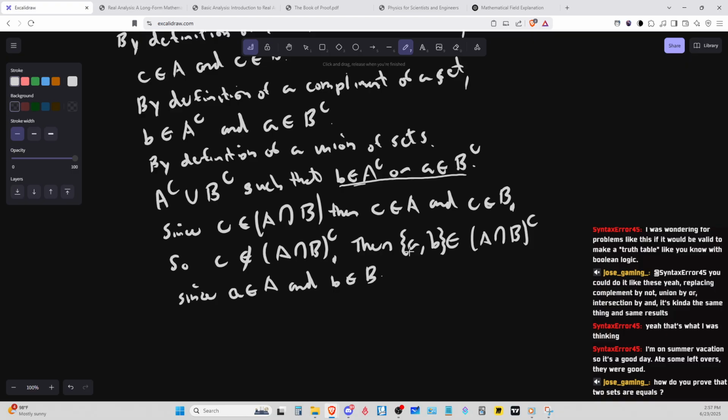So, do I have to just use set notation for this? Because it feels like it's just too simple if you do it in set notation.